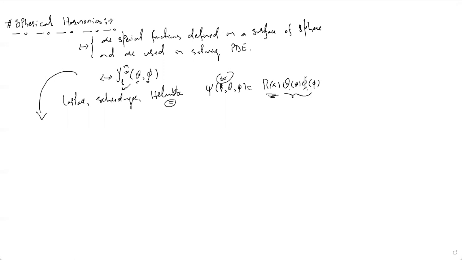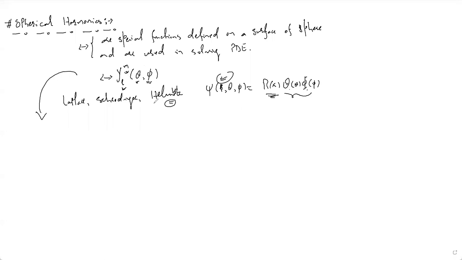Usually you are going to use this in a problem in quantum mechanics, the hydrogen atom, which we are talking about. So this Y is a function of theta and phi, where phi is a function of m only, but theta is a function of l and m.